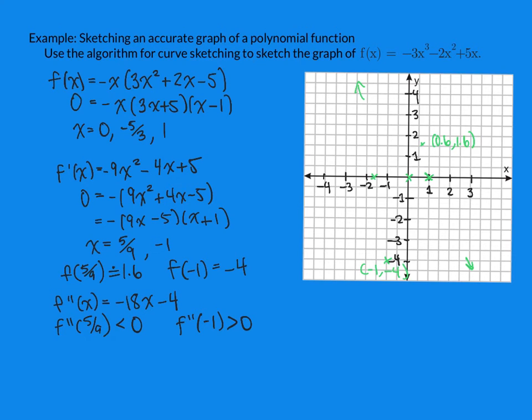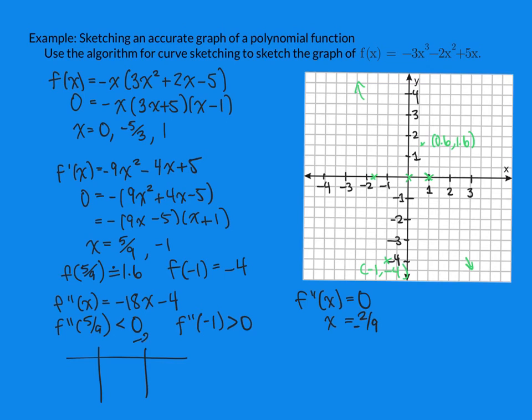That second derivative is 0 when x is 4/18, in other words, 2/9. So we know that there's a potential change for the concavity there. And so we're going to double check using our interval chart. Sorry, that should be -2/9.